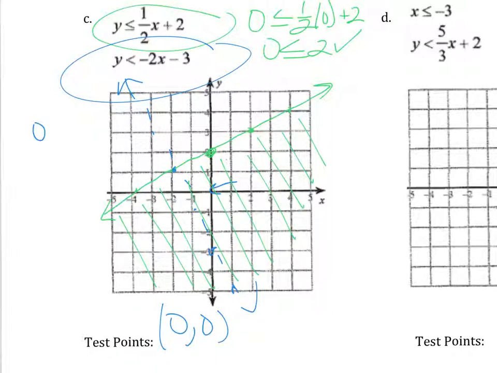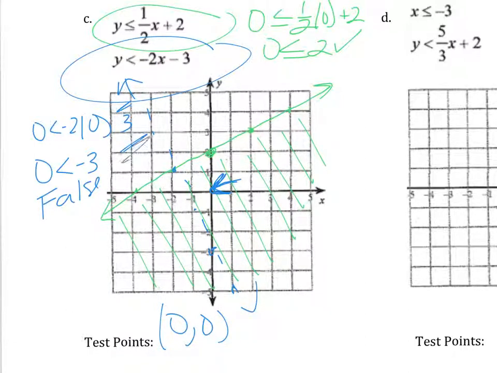Now I'm going to test my other line, my dotted line, my blue one. So 0 is less than negative 2 times 0 minus 3. So 0 is less than negative 3. This is false. So we are going to shade on the opposite side. (0, 0) compared to my dotted line, as said, is right here. So since this is false, I'm going to shade on the other side.